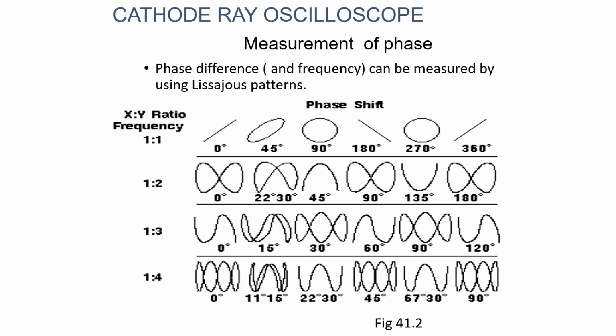Similarly for 180 degrees, 270 degrees and 360 degrees, also with different frequency ratios, different patterns can be observed. So using Lissajous patterns also, we can measure the phase difference between two signals.